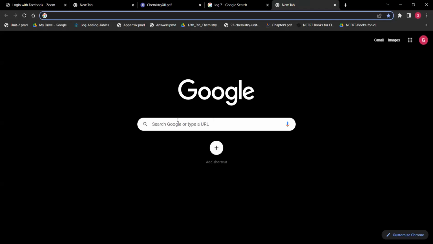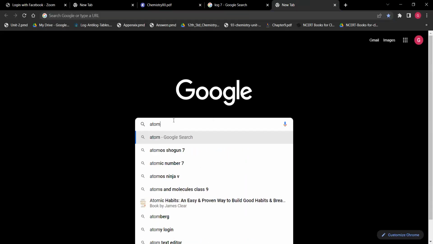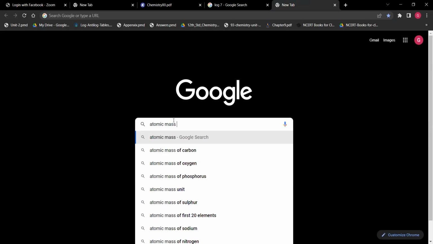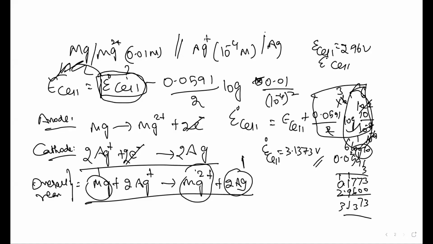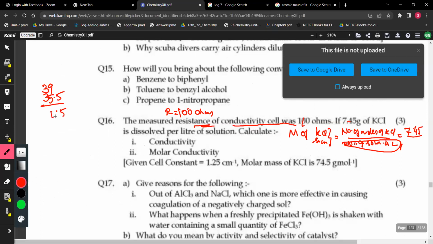Molar mass of KCl, 39 plus 35.5 will be what? 74.5. So 7.45 by 74.5, that is 1 by 10, which means the molarity is 0.1.